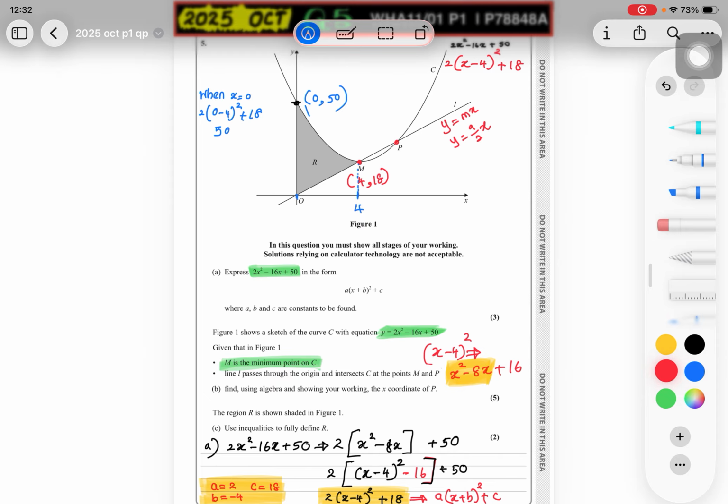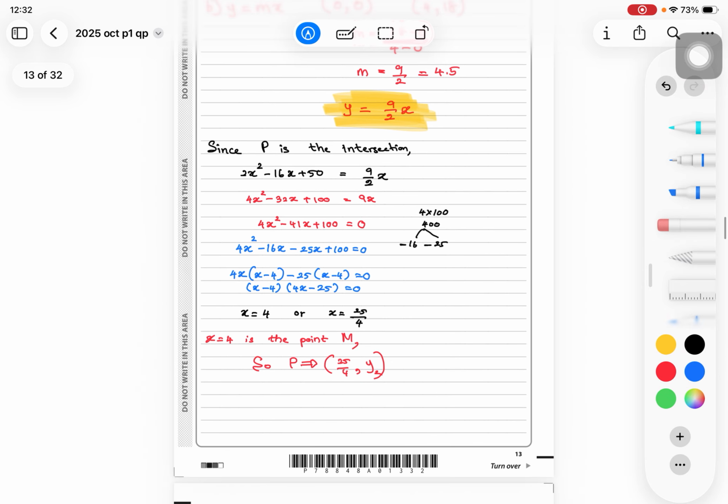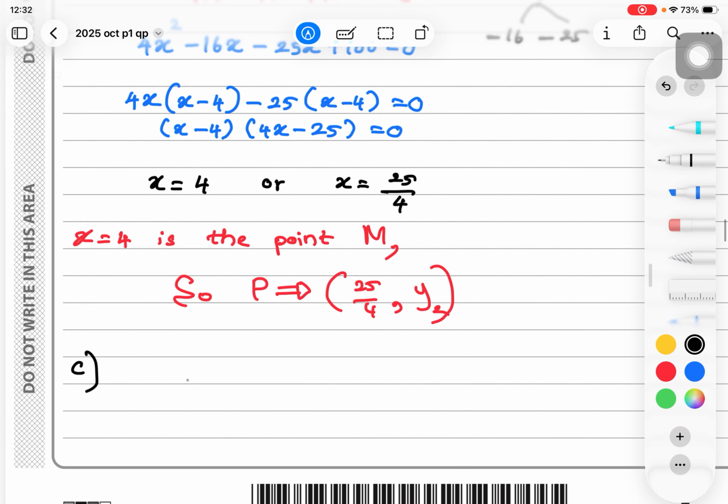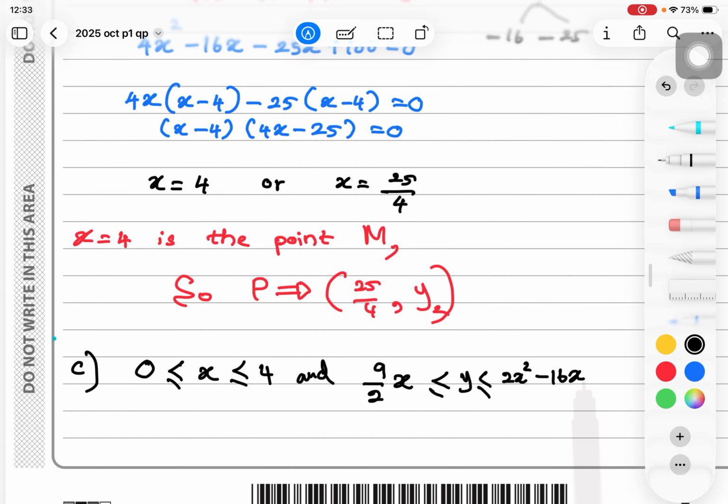So if we really get the region, that is quite a bit of information that we needed. For answer C, the very first thing would be 0 to 4, which is the x range, and the other one is that the straight line will be less than or equal to our graph, which is y equals 2x squared minus 16x plus 50.